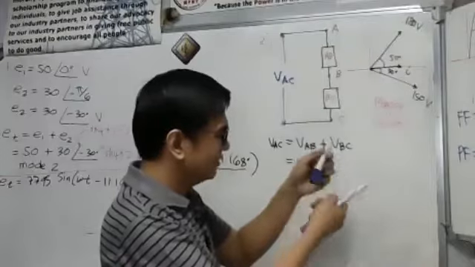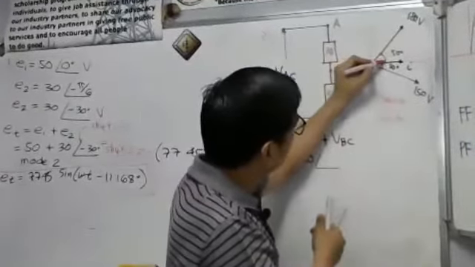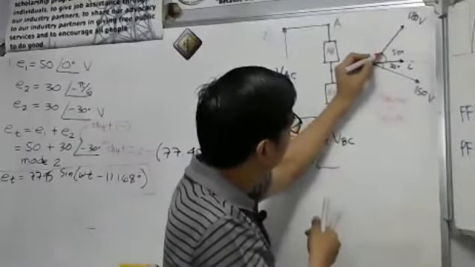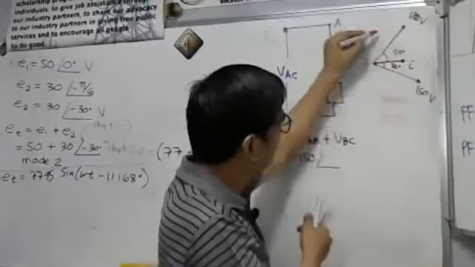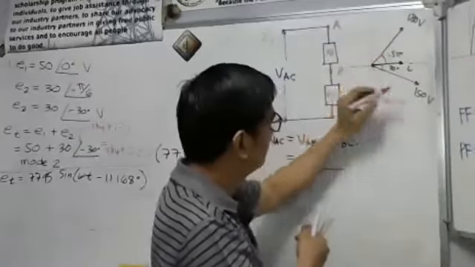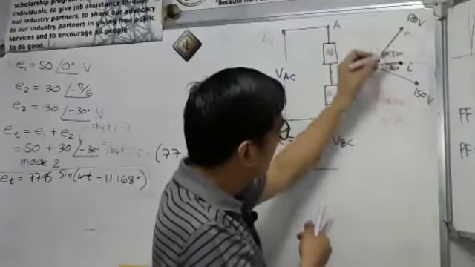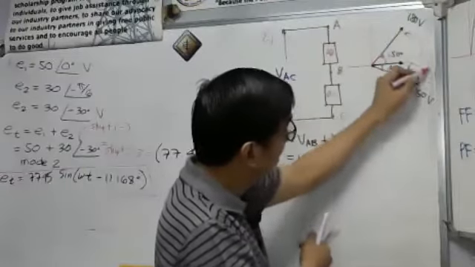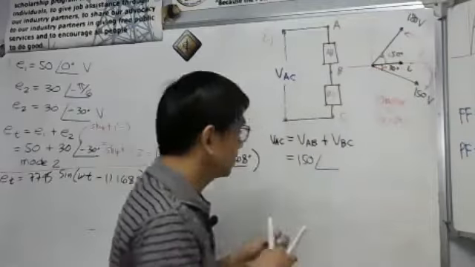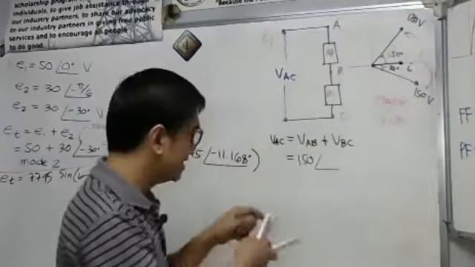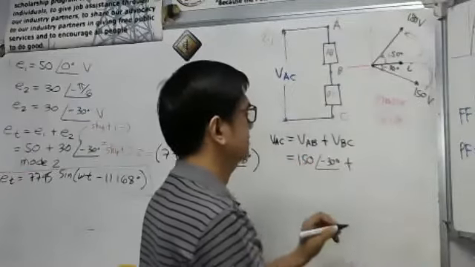To make it a shortcut, if you rotate this angle, this is 0 degrees. If the rotation is counterclockwise, that is a positive angle, just like that one. But if the angle rotates in a clockwise direction, that is a negative angle. So that's why we have here 150, negative 30 degrees, then plus.